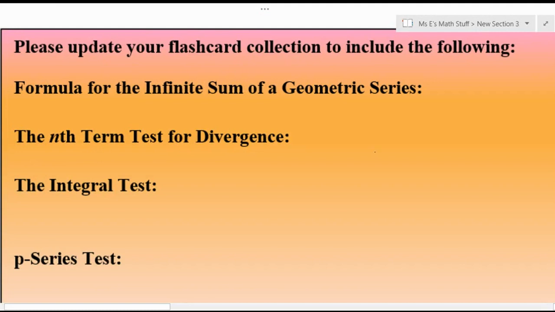So the formula for the infinite sum of a geometric series, I've learned that for this to really help you the most with the AP exam, what we need to do is show both sides, the term-by-term expansion side, and then what the answer is, okay?